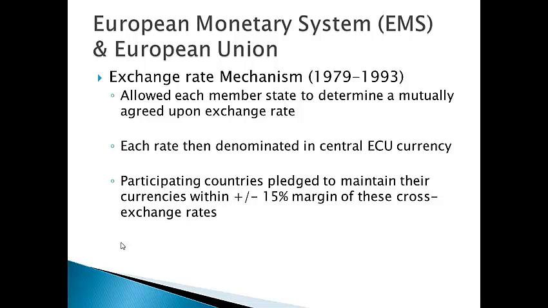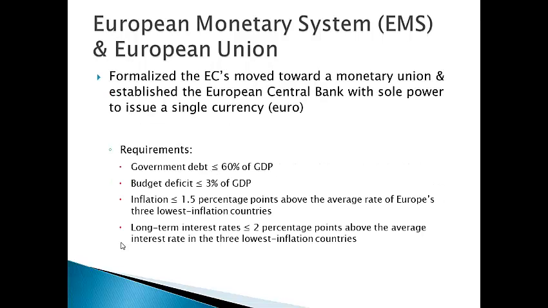And participants then agreed to try to maintain their cross-border exchange rates within a 15% margin of these cross-exchange rates. So this was basically a target zone system, which established cross-grid exchange rates within the member countries. By 1993, it had slipped to a two-tiered system, the strong versus the weak, relative to who was maintaining these cross-border exchange rates.